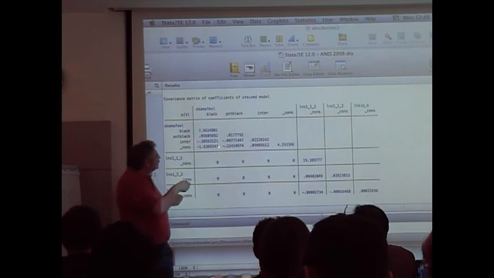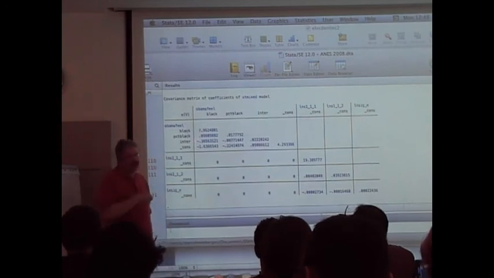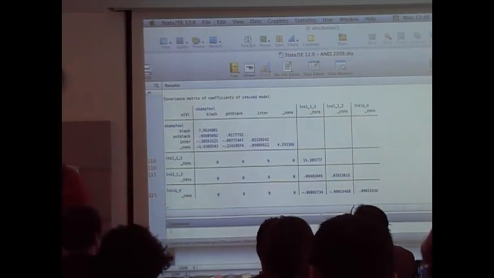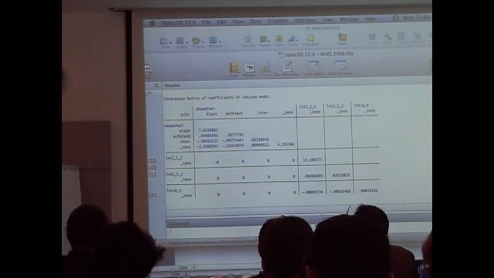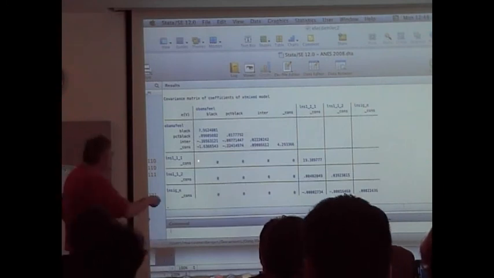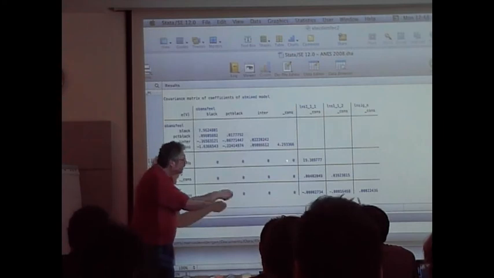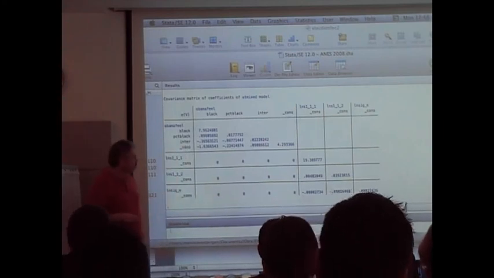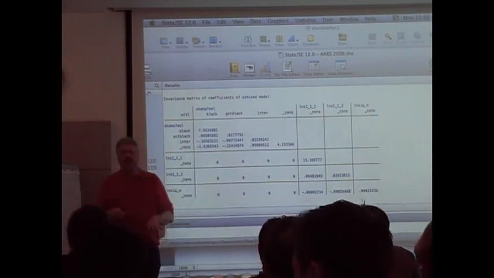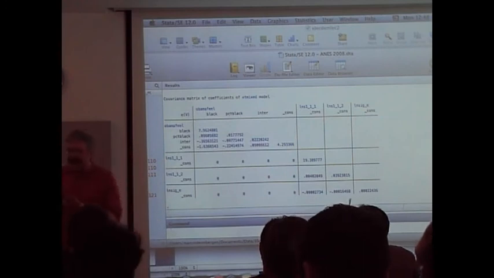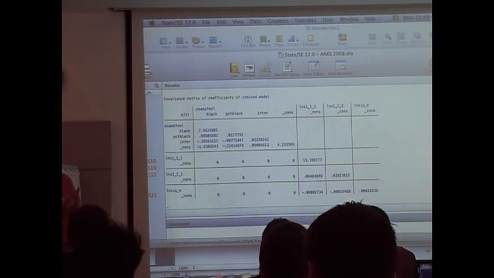And this portion is the more critical portion because that's the variance-covariance matrix of the estimates of the fixed effects. This portion here in the bottom quadrant would be the covariances between the estimates of the fixed effects and the variance and covariance components, but you see they're all 0.